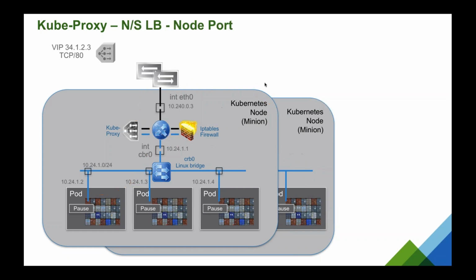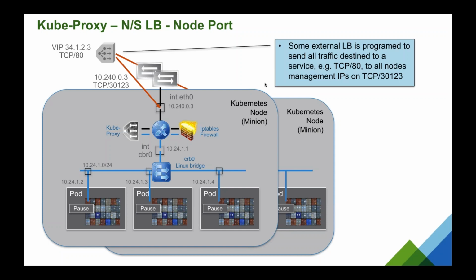Now, I talked about node port as a solution for north-south, for entry and exit point into the cluster. And what people use for node port is you configure some external load balancer. Think of your F5 load balancer, or maybe even an NSX load balancer or whatever. And that one hosts a virtual IP, which resolves if you do a DNS query from the external side and listens to TCP port 80.